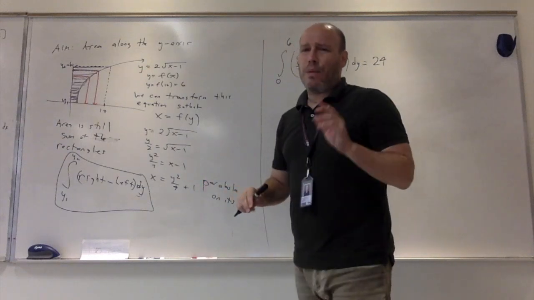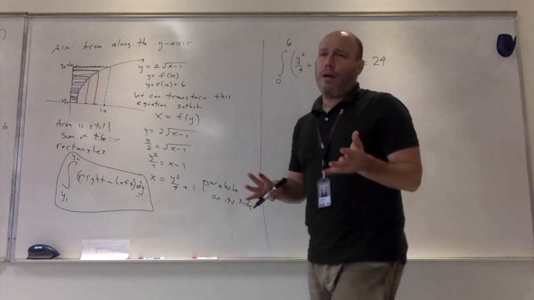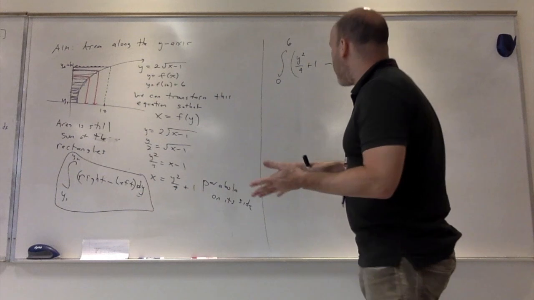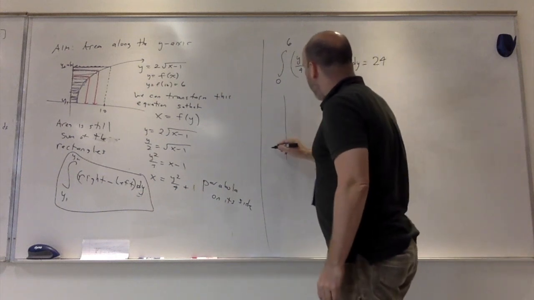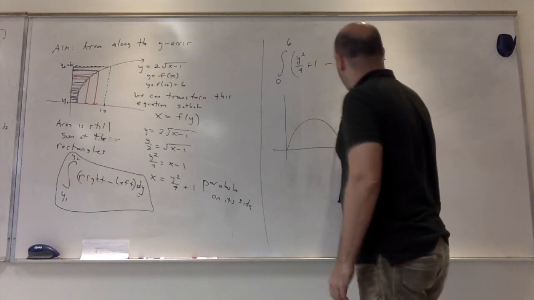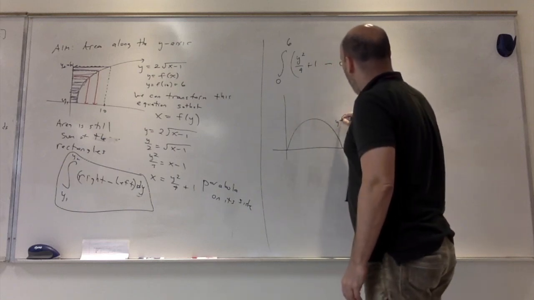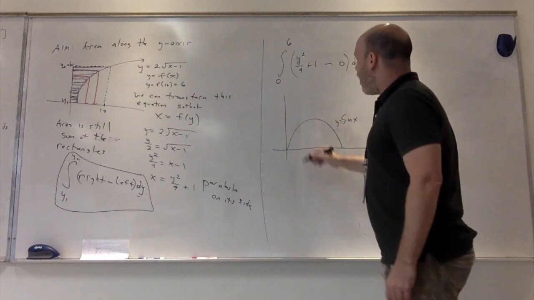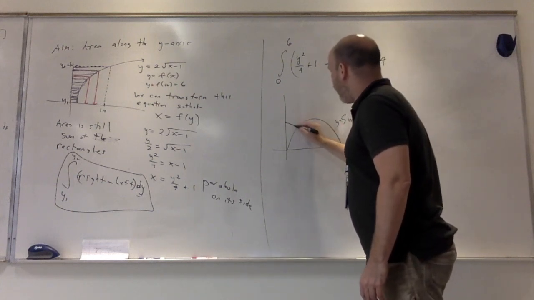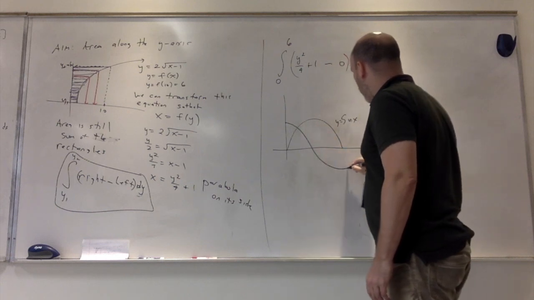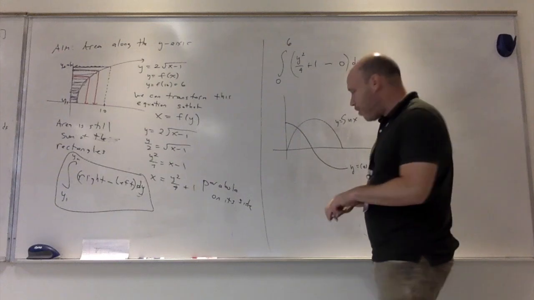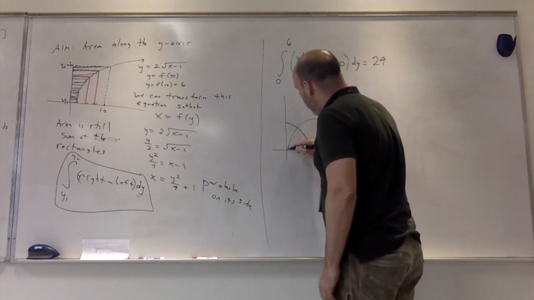There's really not going to be that many problems, and we don't have the math yet to do some of the stuff. For example, one of the questions is, here's the sine wave, y equals the sine of x, and then they give us the cosine wave, y equals cosine of x, and you're asked to find this area in here.